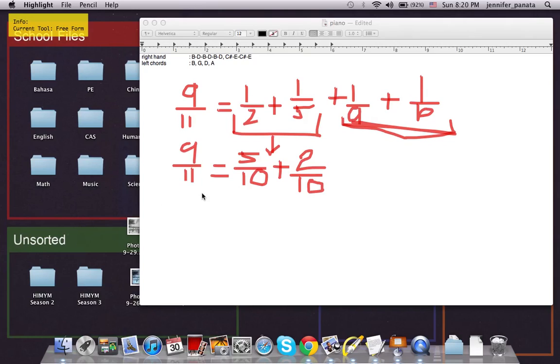Now, because this plus these two equals 1 over a plus 1 over b, we need to make these three denominators the same because we want to subtract them later on. The denominator will be 110.